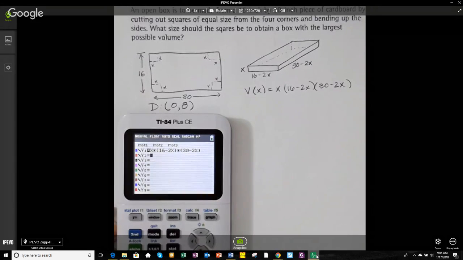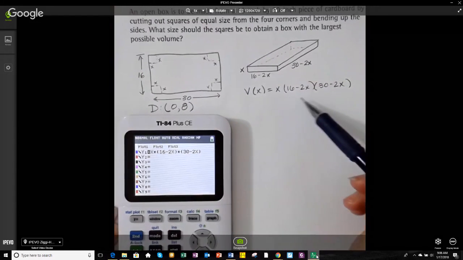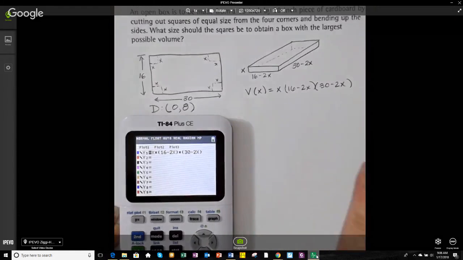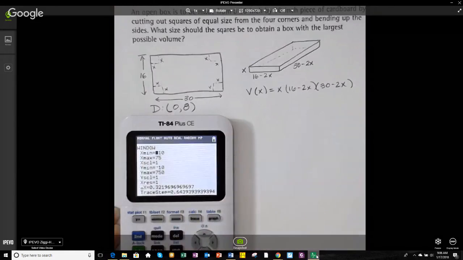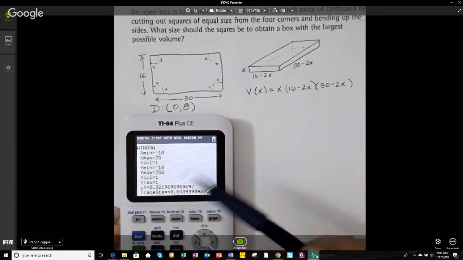And I think this is going to be a pretty decently large volume because we have 16 times 30 in here somewhere. So I'm just going to leave my window the same. I have it at 750. Let's go back to the window. So I'm going to leave this value at 750 because I'm thinking it's going to be pretty big. I might have to adjust it, but we'll see.